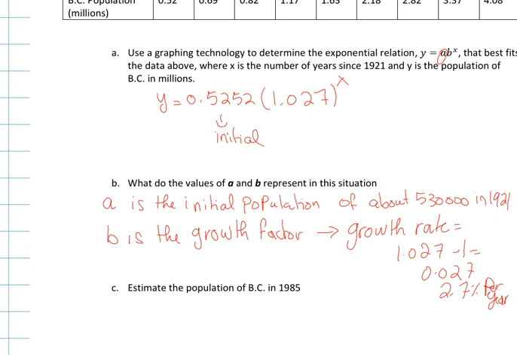What's the population of BC in 1985? What do I do to find that? Do I know my equation? Yes. 1985 is how many years from 1921?